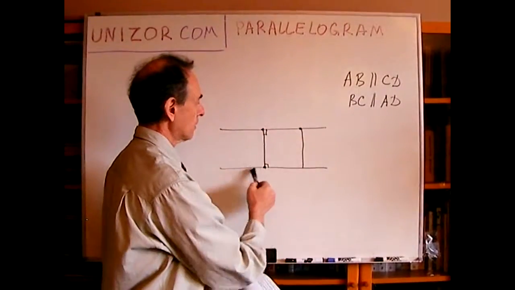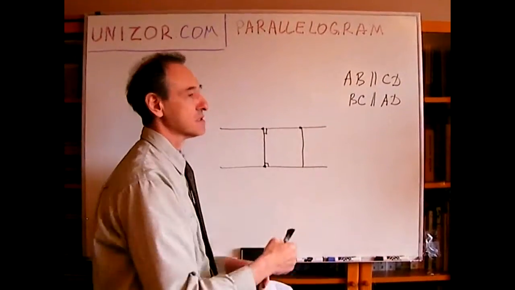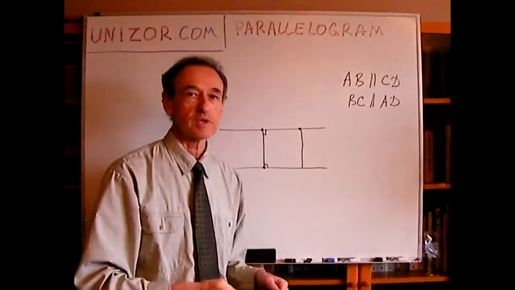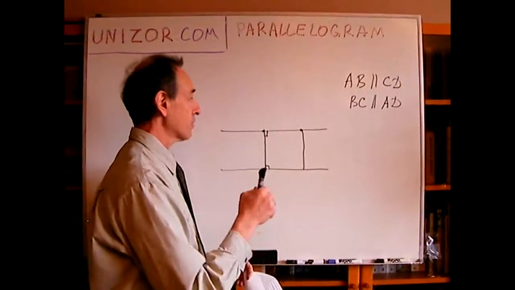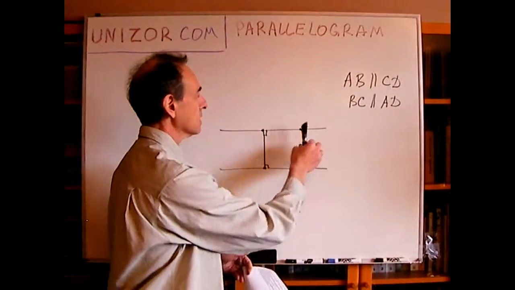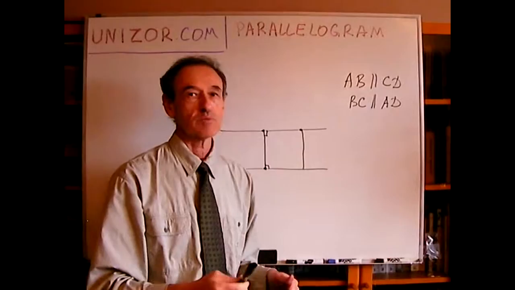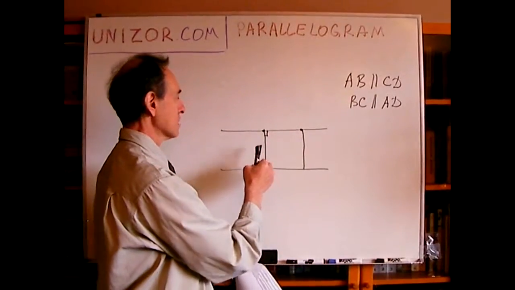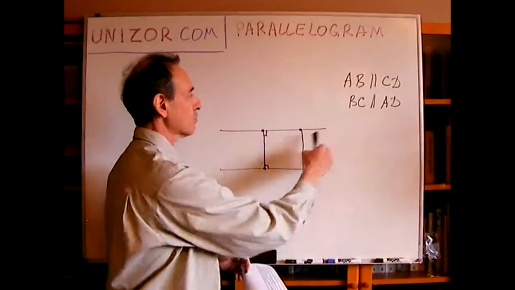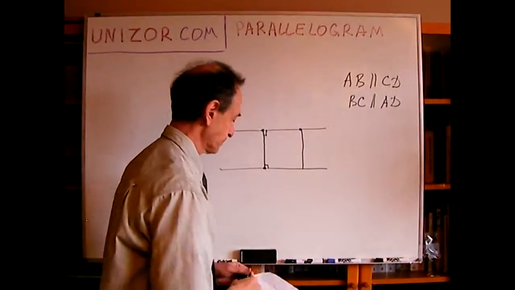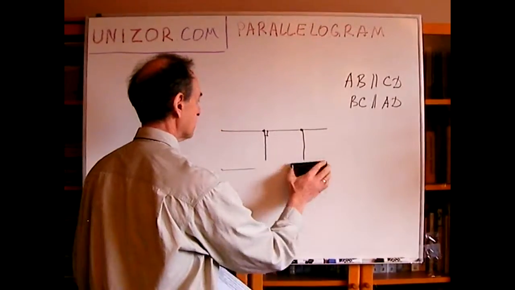Because this is parallel to this, and two perpendiculars are parallel to each other. We proved all these points before, and in the parallelogram, the opposite sides are congruent. That's why the distance, wherever we measure this distance, doesn't matter this point or any other point, the distance will be exactly the same. Too many words for such a simple thing.